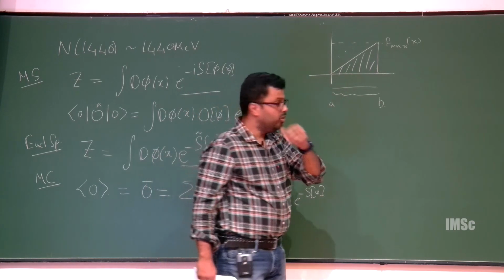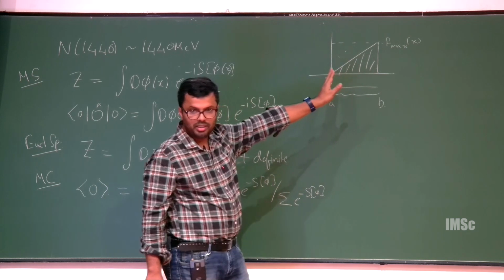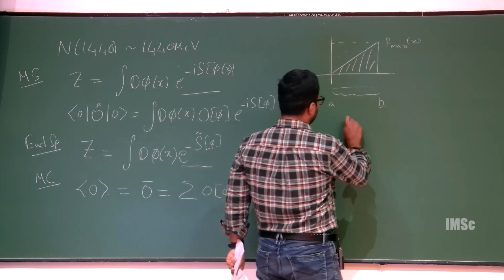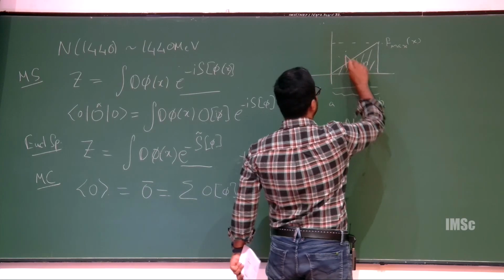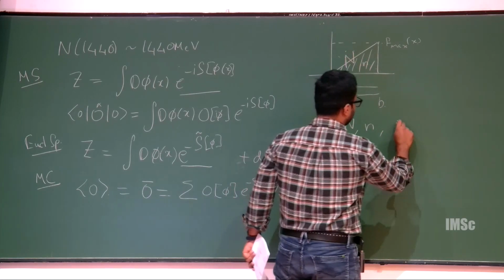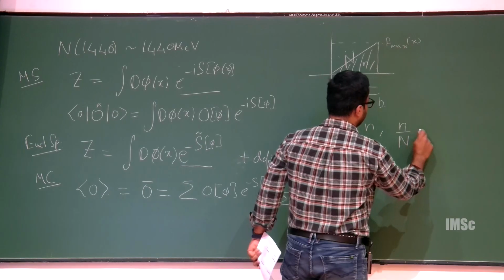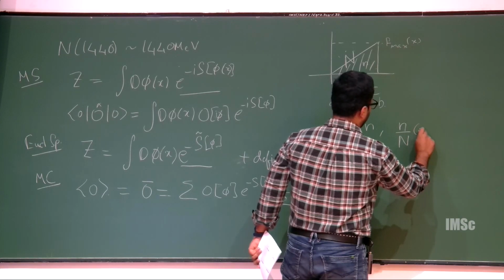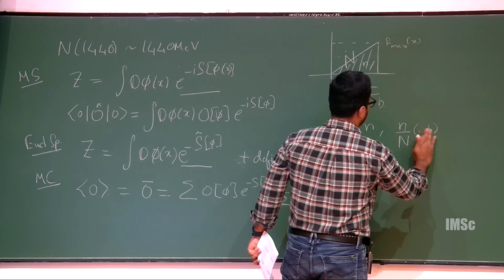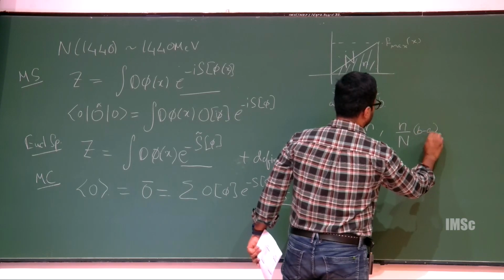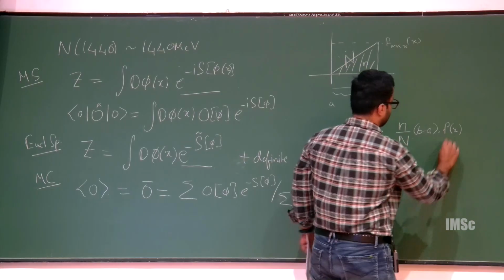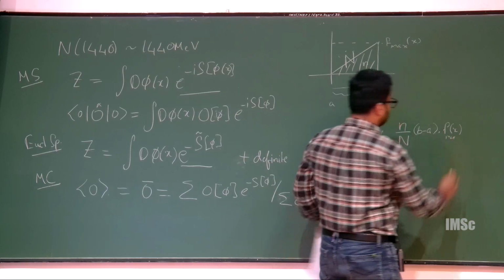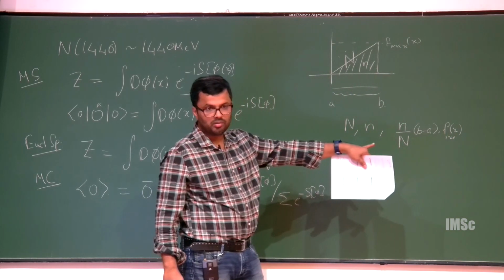So you can actually randomly throw stones inside this, and if you throw capital N stones, and if n is the number of stones that fall inside here, then basically n by capital N times the total area, b minus a, gives you the area under the curve.